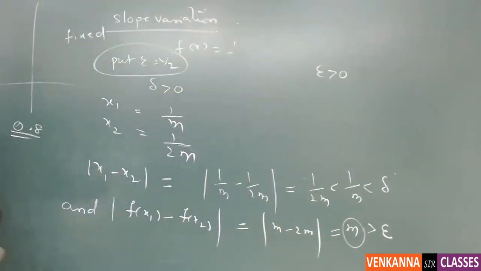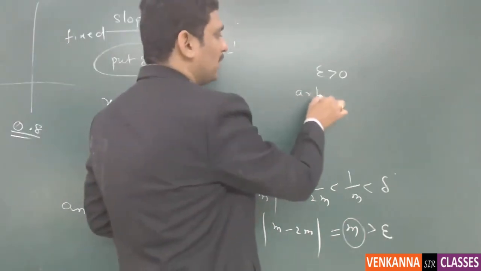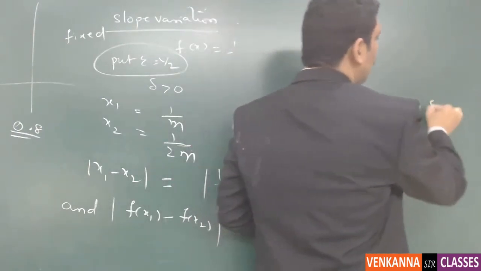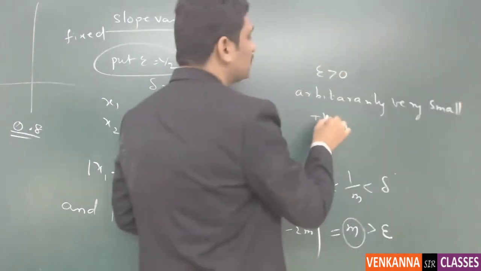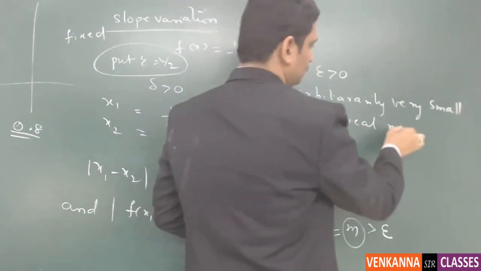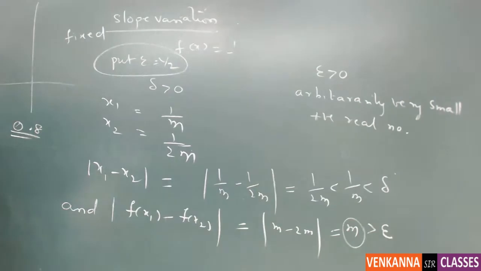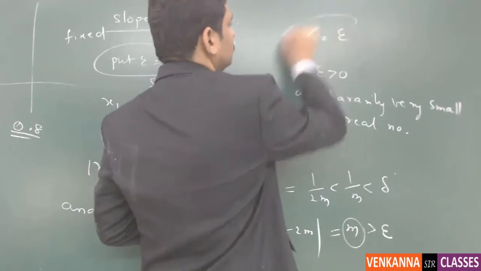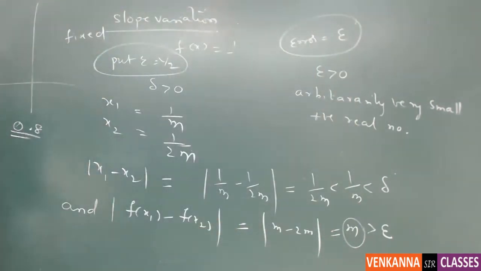Epsilon greater than 0 is an arbitrarily very small positive real number. You cannot usually take 1, 2, 3, 4, and so on. At the most, you can take it as 1. You can say epsilon is equal to error, in other words. That will be somewhat useful to understand. So you cannot take epsilon as greater than 1.